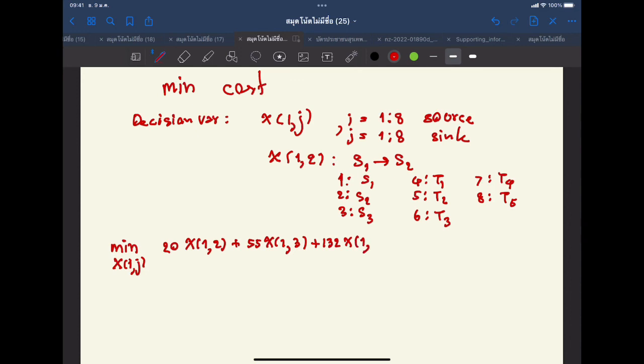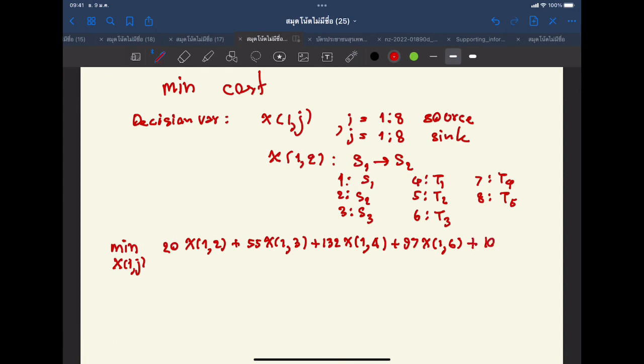Remember that 4 is standing for T1, right? Plus the next one is 97, and this is the cost for shipment from S1 to T3. This one is x16, right?